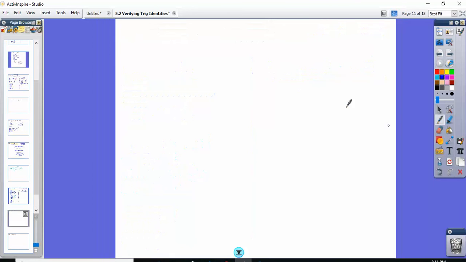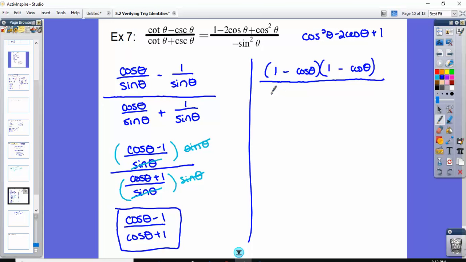Sine squared. Remember, we have this identity. Sine squared theta plus cosine squared theta equals 1. That means sine squared is equal to 1 minus cosine squared.